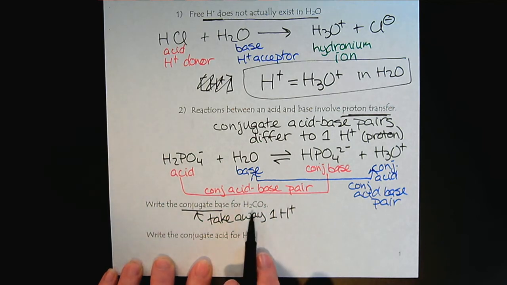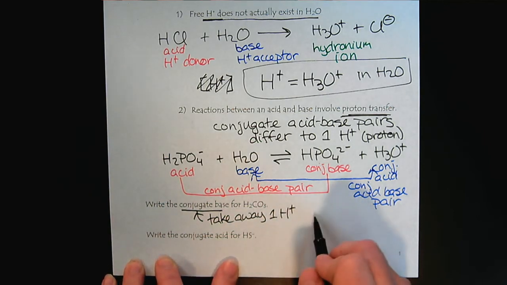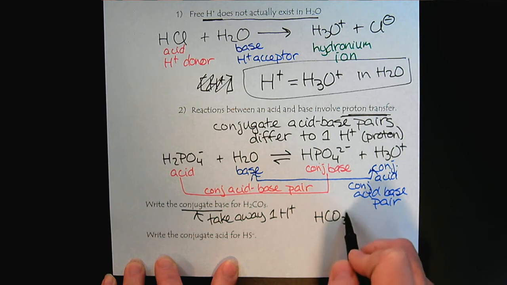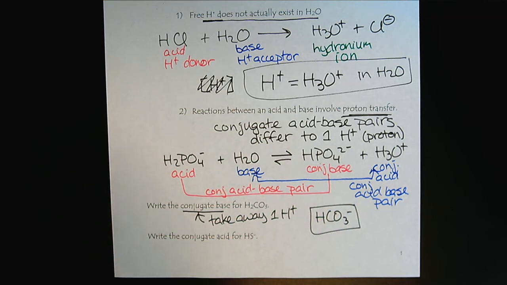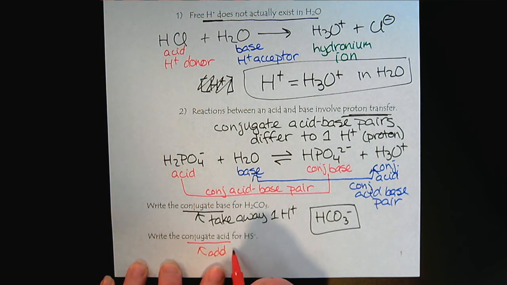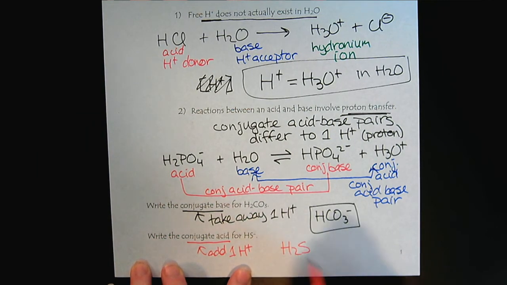So if we have carbonic acid, the conjugate base would be bicarbonate. If we're writing the chemical formula for the conjugate acid of a substance, we add one hydrogen ion. So for this anion right here, it would become H2S, hydrosulfuric acid.